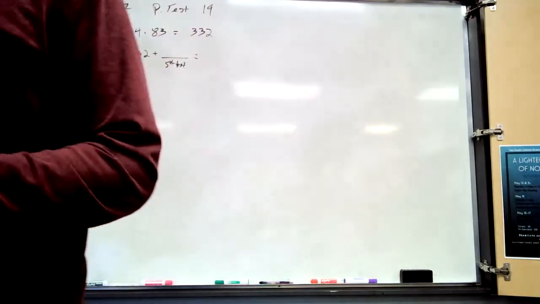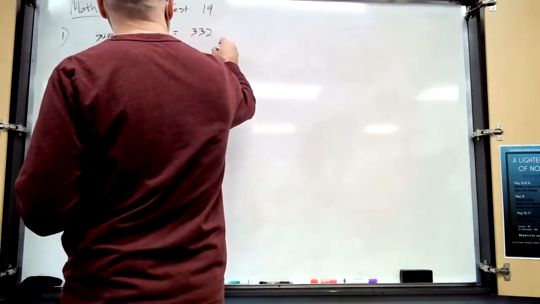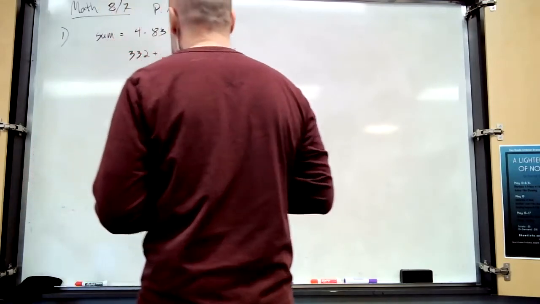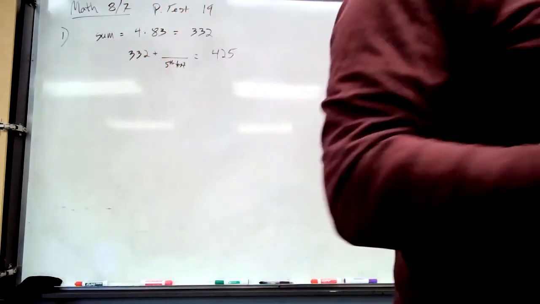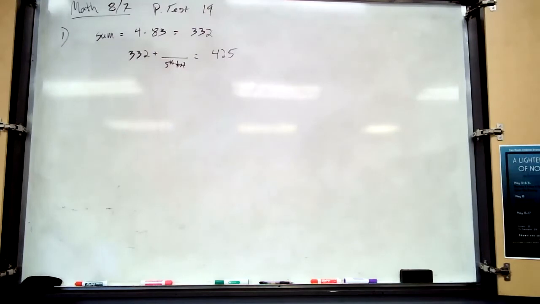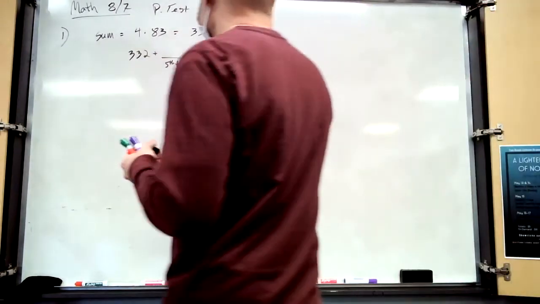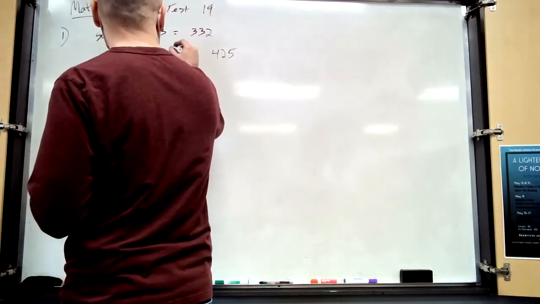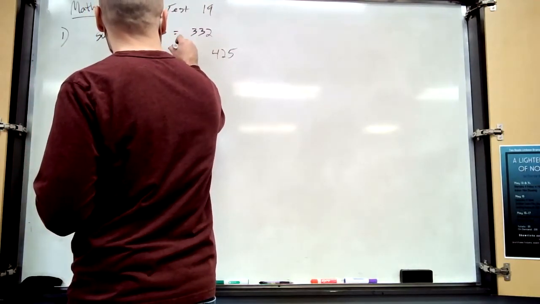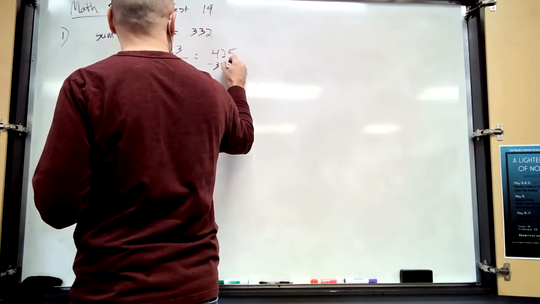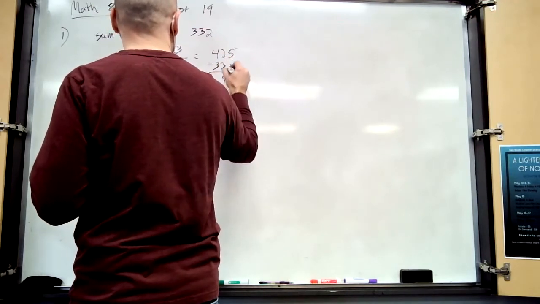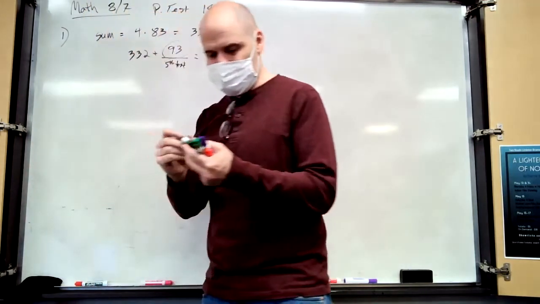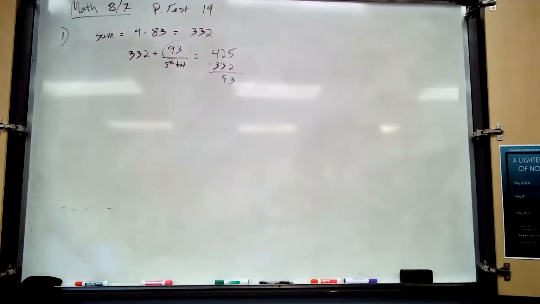Well, 85 times 5 is 425. So what do you have to add to 332 to get 425? What is that, 93? So you just subtract. Yeah, you get a 93. So you need a 93 to raise that grade, okay?